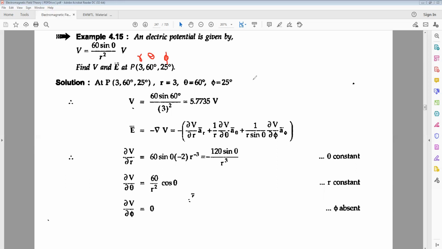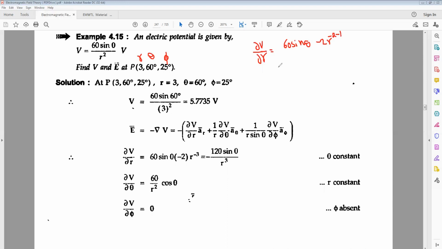So they are asking in the spherical coordinate system, E bar is equal to minus del V. We already know the first one is dou V by dou R. Dou V by dou R: you can take 60 sine theta as a constant, and 1 by R square gives minus 2 R power minus 2 minus 1.